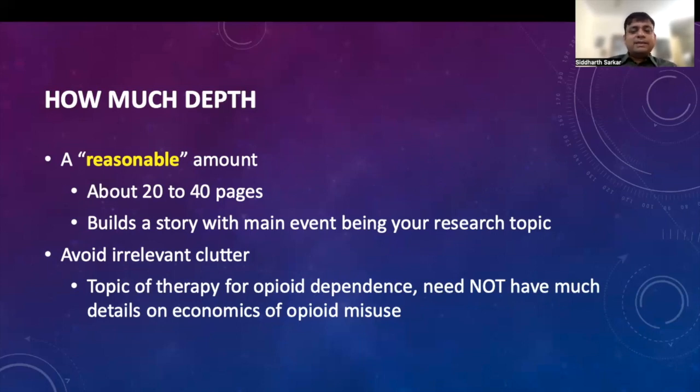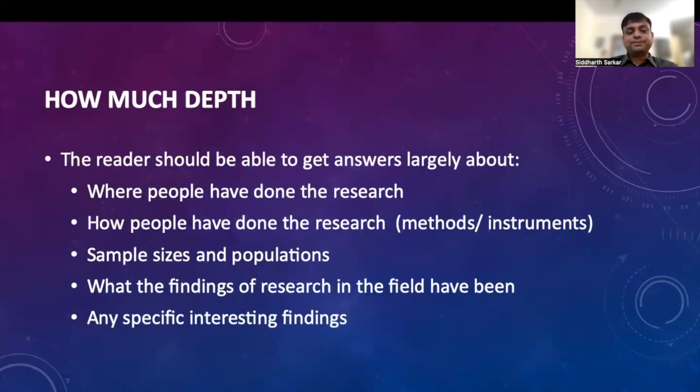Please avoid irrelevant clutter. For example, for a topic of therapy of opioid dependence, you need not have much details on the economics of opioid misuse. So you need to be much clearer about what you want to study, and your story should also be aligned to what you are going to study.